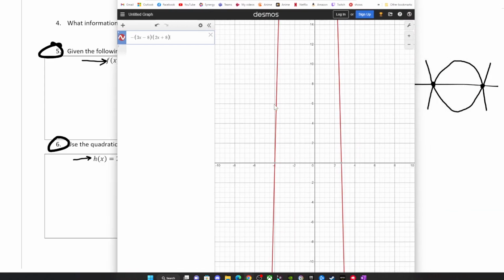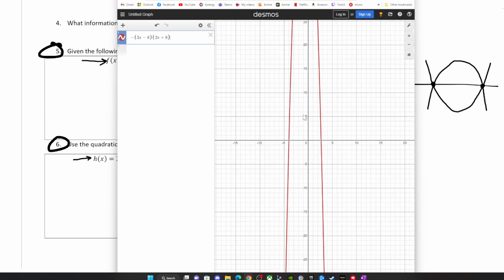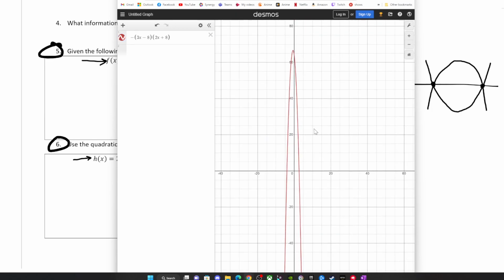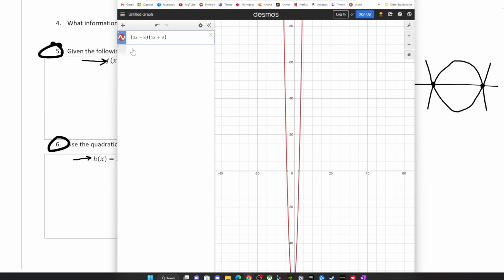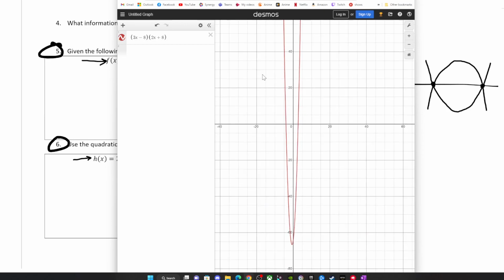So we have our function looking something like this. Right, these are my vertices. Now if I get rid of that negative, the graph just switched, but the vertices are still in the same place. At -4 it's 0, and at the other two points it's at 7 and 0.